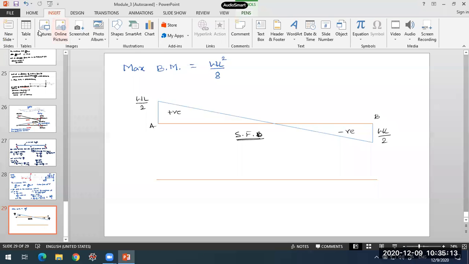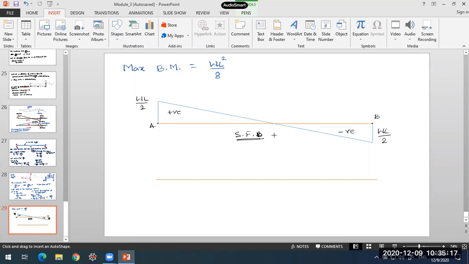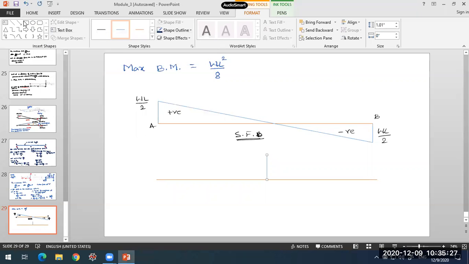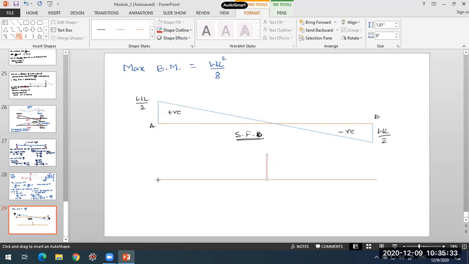One more diagram we require is the bending moment diagram. Exactly at the center, the shear force becomes zero. It is changing sign, and at that particular point it is zero. So here we get the maximum value of our bending moment, which is WL square by 8.